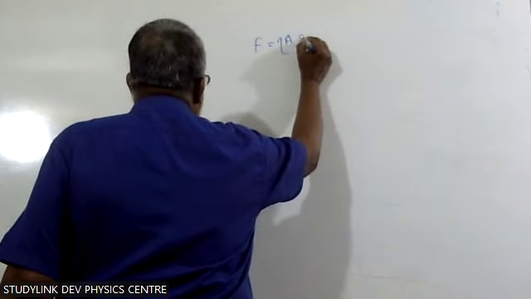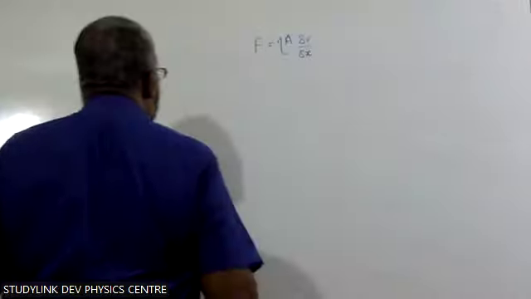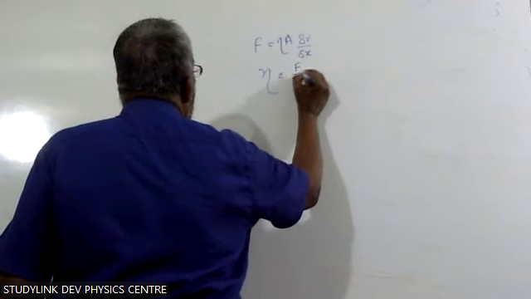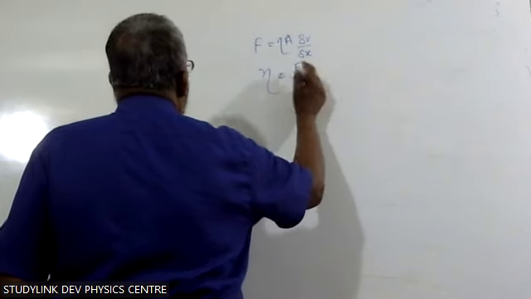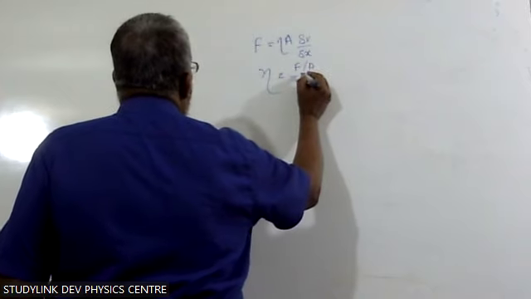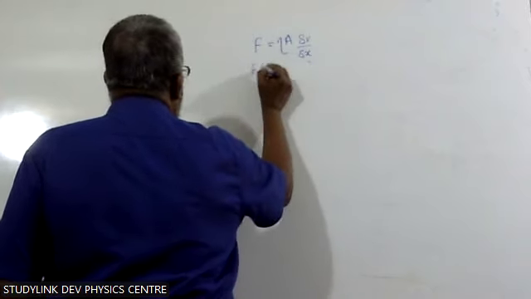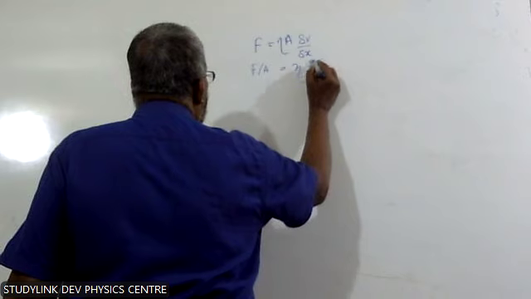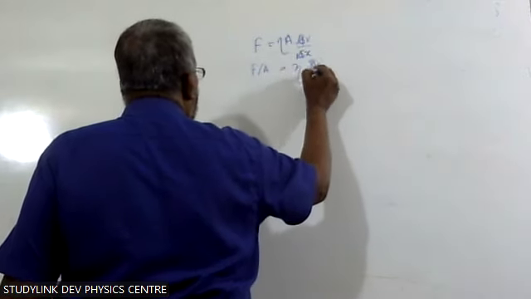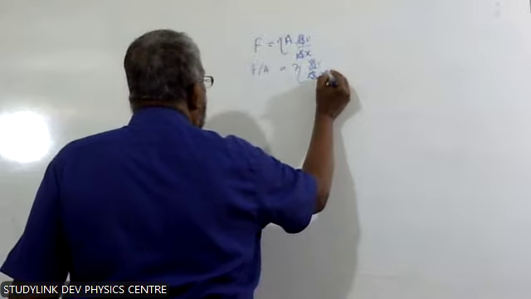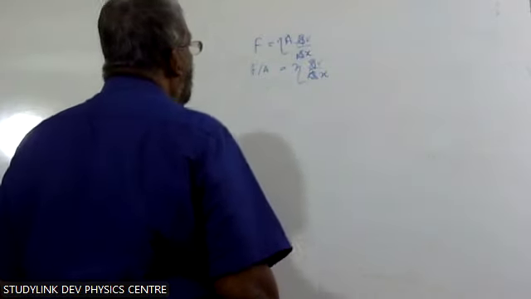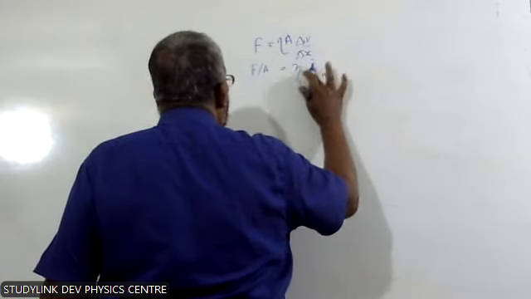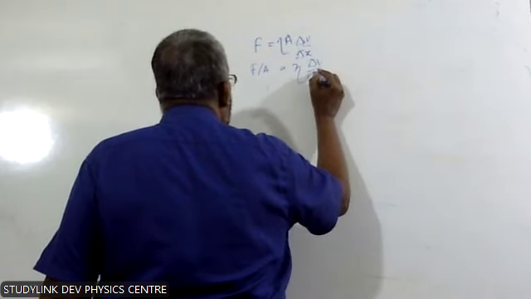F equals eta A delta V over delta X. So eta is equal to F over A, or F over A is eta delta V over delta X.